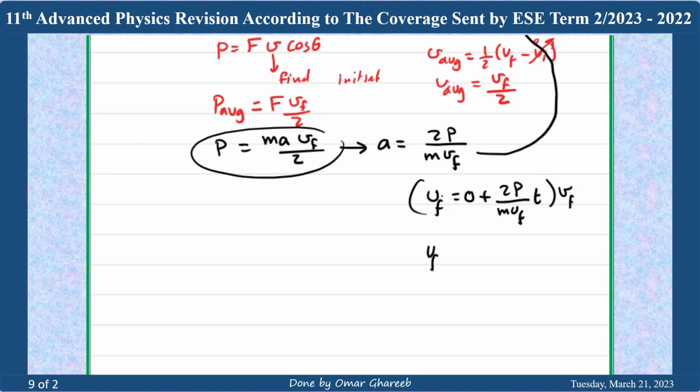Now you have V final squared equals 2P over M, and V will be cancelled, times T. Then V final equals the square root of 2PT over M. That's it. Now substitute your numbers.